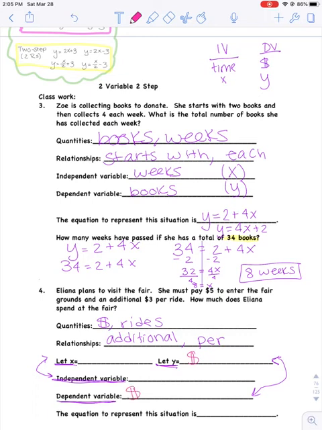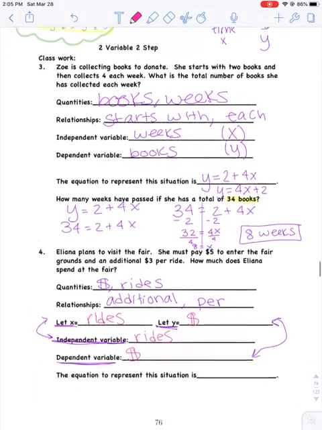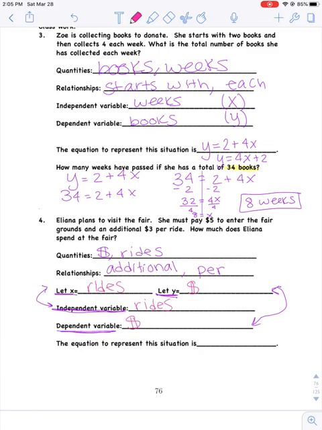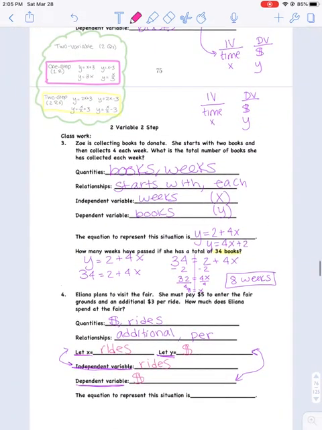So I could say let y equals money, and that means the dependent variable is also money. That means my other quantity, rides, goes with x, and independent must be rides as well. X has to match independent, y has to match dependent.